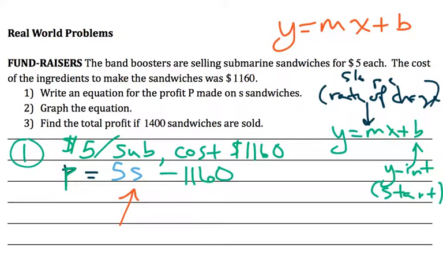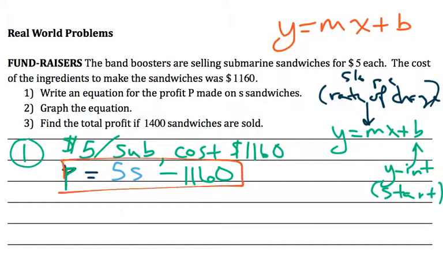But slowly, as I start to sell 1 sub at a time, it's like now I have 5, and I'm taking away this number, which leaves me with 1155. I sell 2, that means that I'm taking away 1160 from 10, so it's like I'm slowly climbing up and chipping away at my debt and increasing my profit.